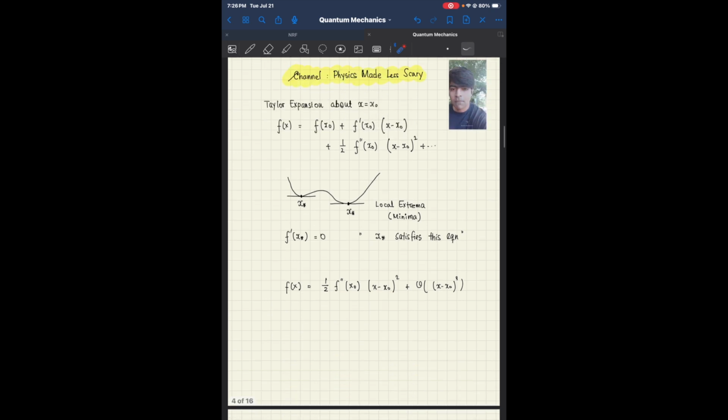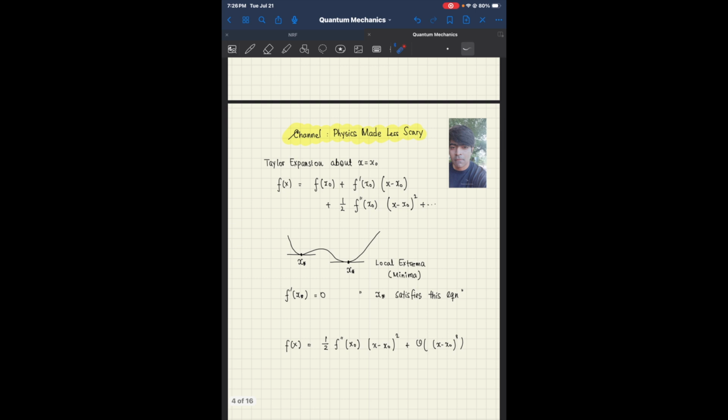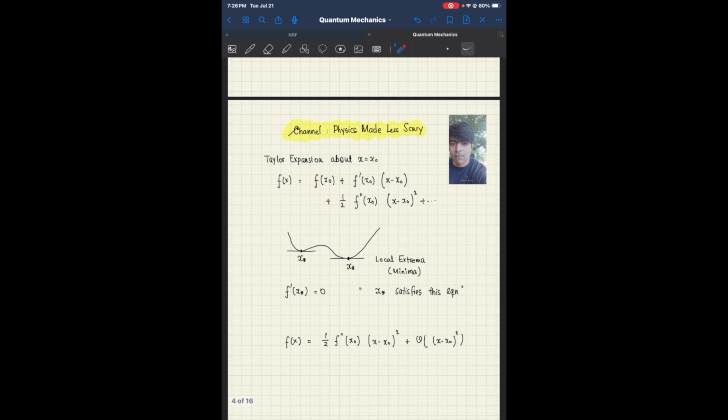Why correction? Because you're trying to gauge what your f(x) is about this point x0, for example the value of the function near these critical points. So in that sense, this is a correction.